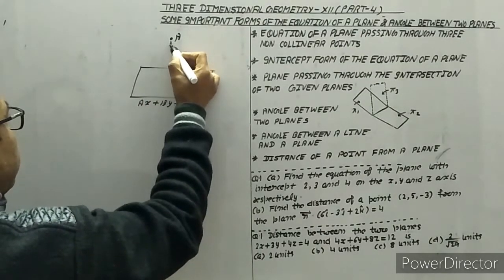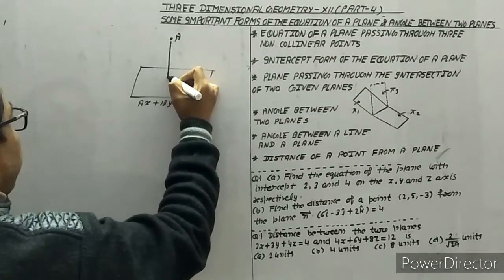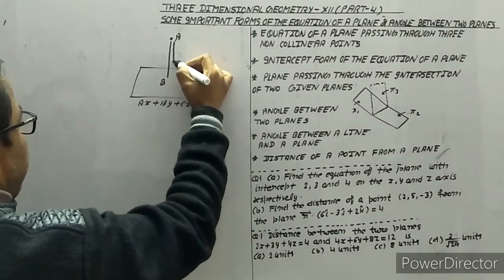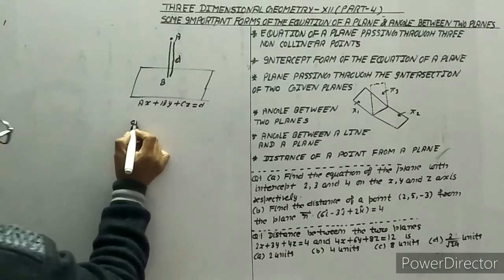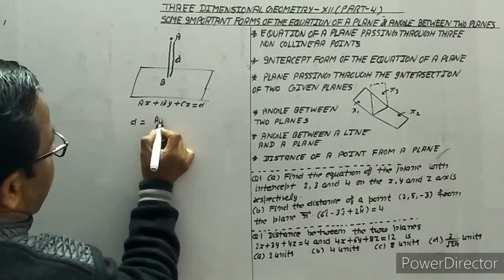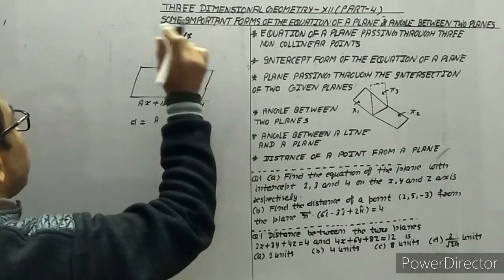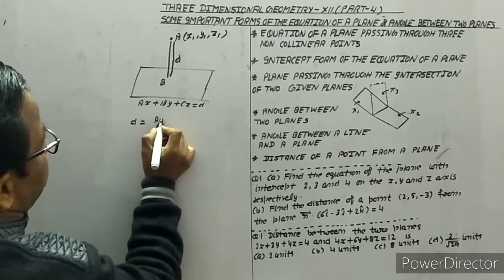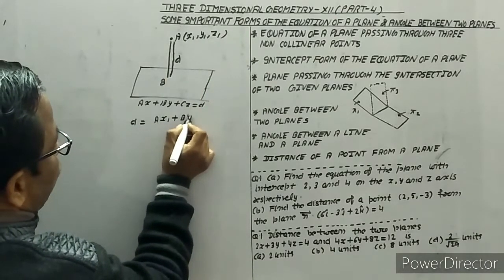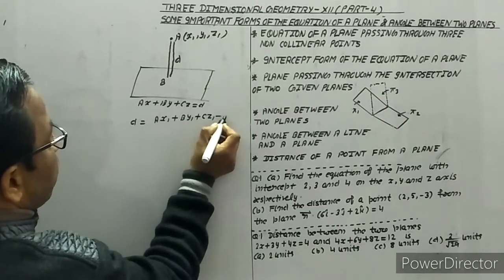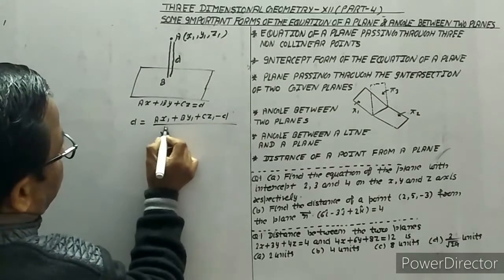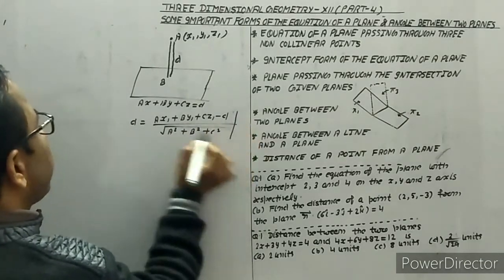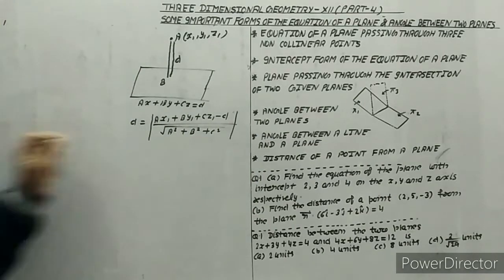We have to find the distance of this point from the plane. The distance d is given by a x1 plus b y1 plus c z1 minus d upon under root a square plus b square plus c square, and the absolute value of this, because distance is always positive.